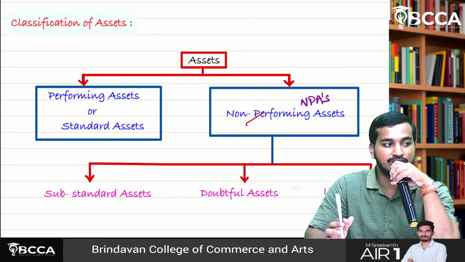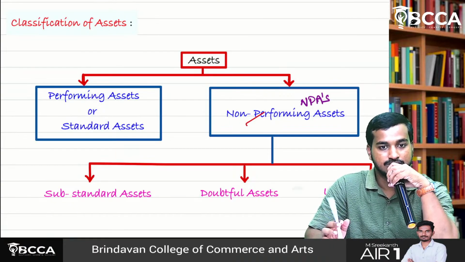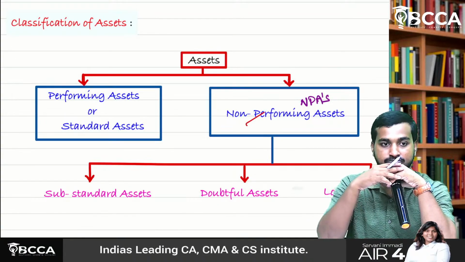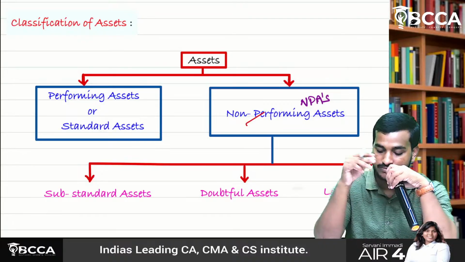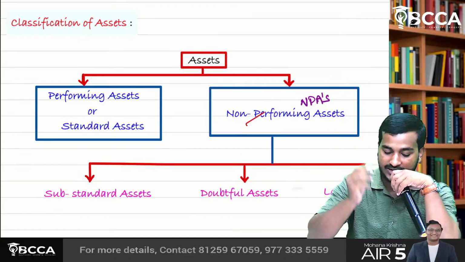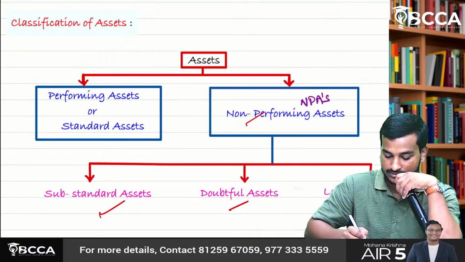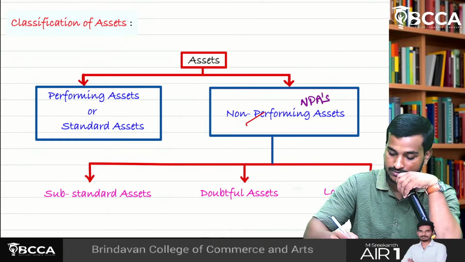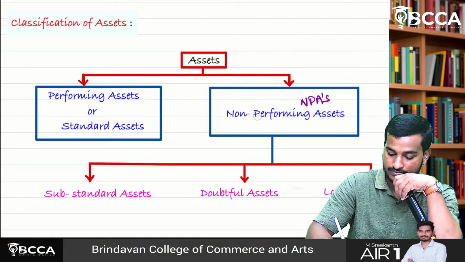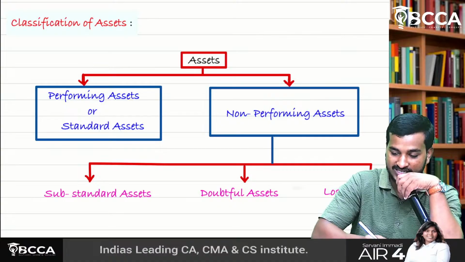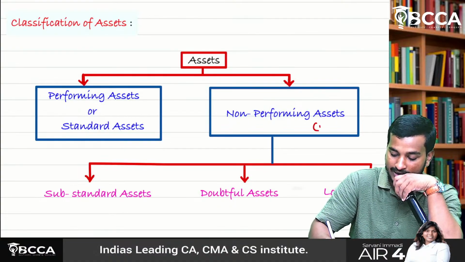If not completed, you have another option: open YouTube. Again on NPA, 3 categories: substandard, doubtful, loss. Under non-performing asset, within the bracket, write down NPA.